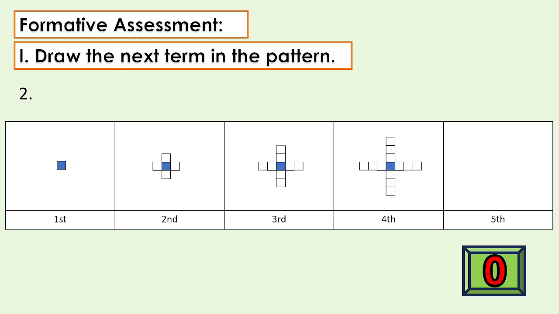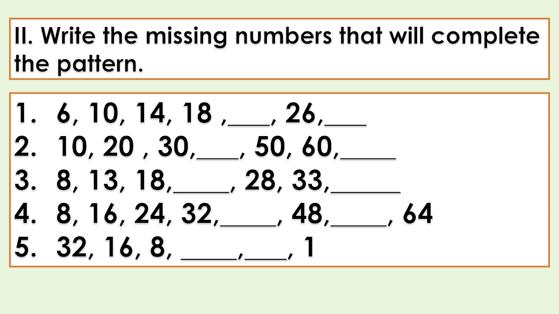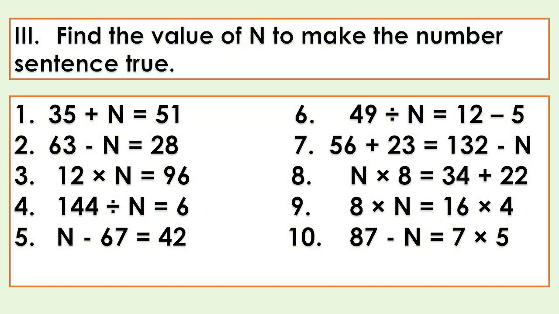So the fifth term is... Number 2. Write the missing numbers that will complete the pattern. Number 3. Find the value of n to make the number sentence true.